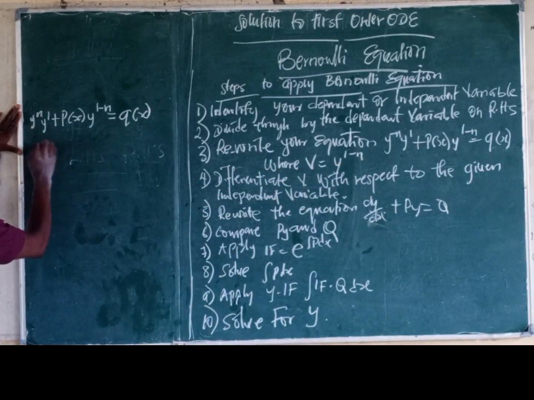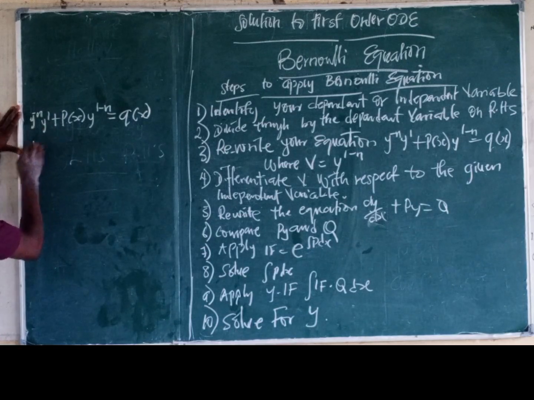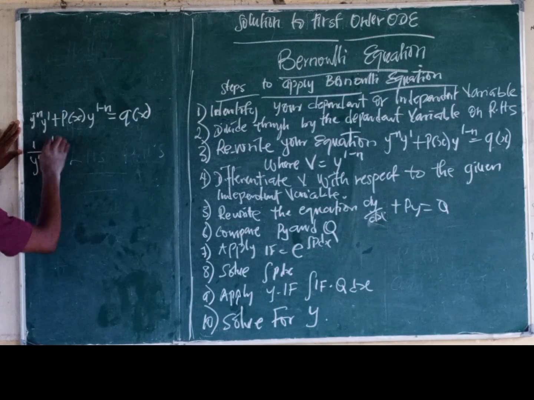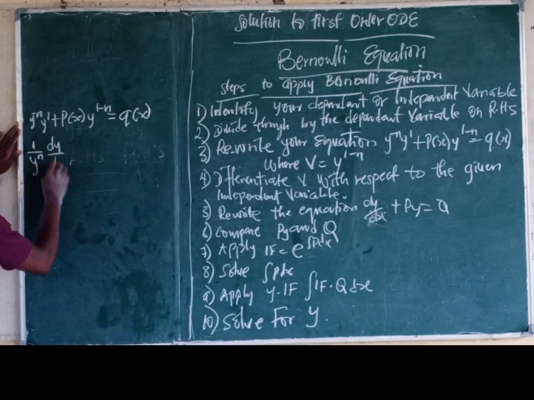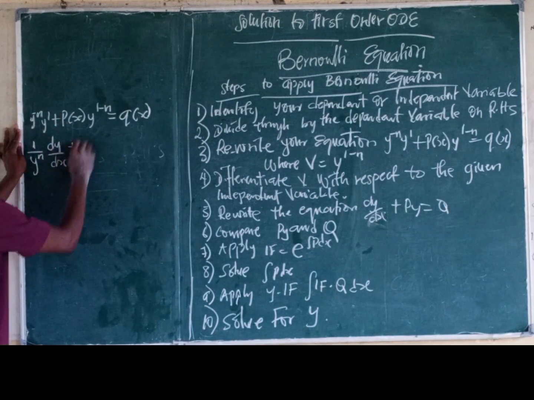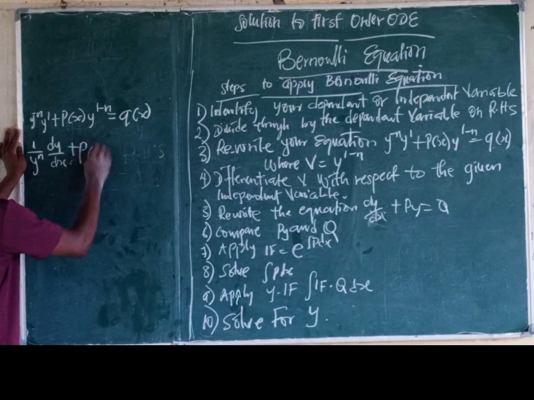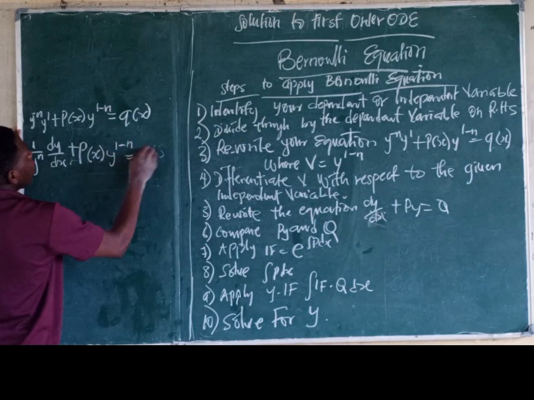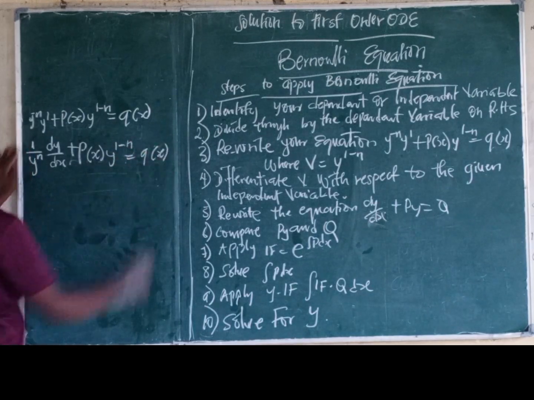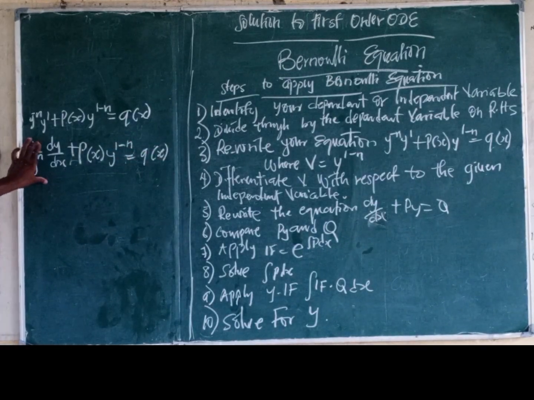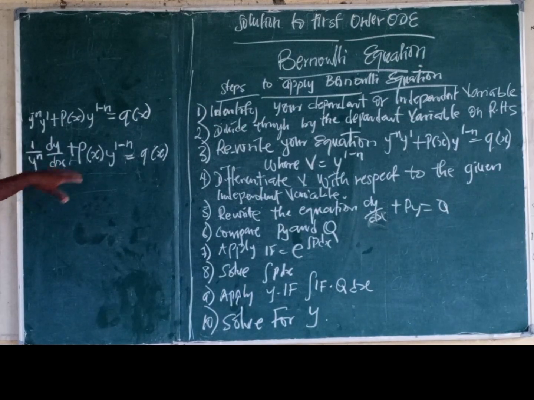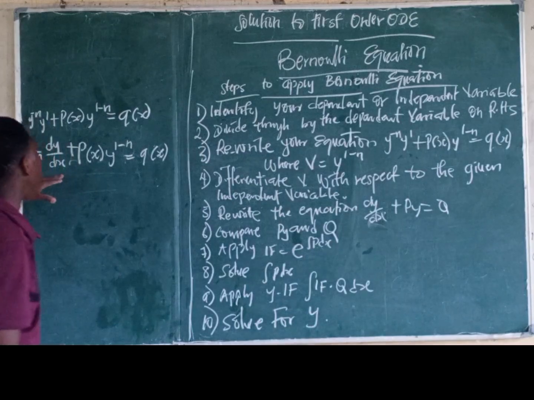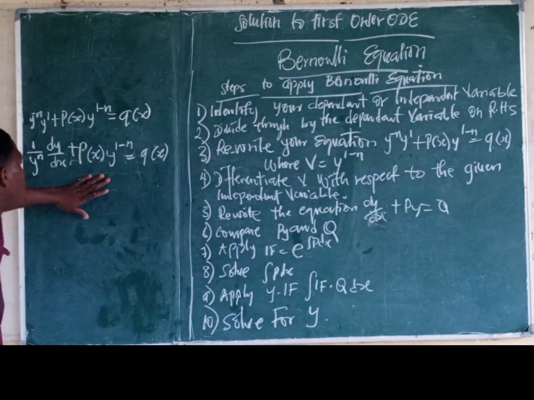This is written as 1 over y raised to the power of n, times y prime, which is dy over dx, plus p(x) y^(1 minus n), and this is equal to q(x). So if your equation is like this, it is the same thing as having this. What we did here was just simplify what we have here.